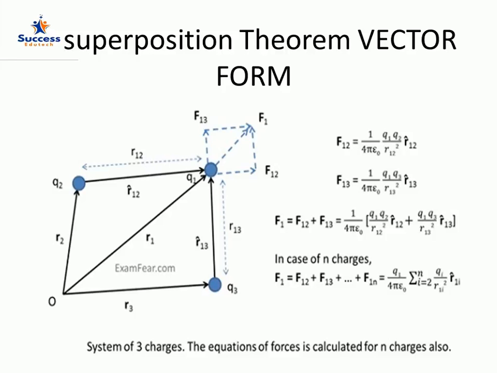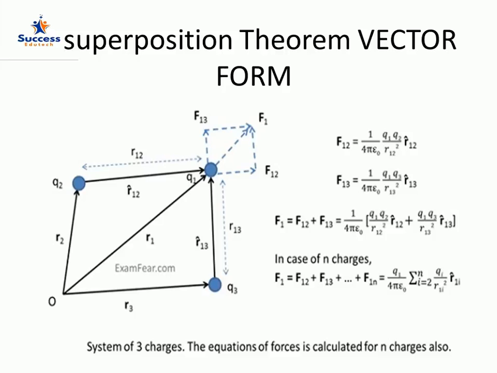Suppose there are three point charges q1, q2 and q3. Then the net force acting on q1 can be calculated as F12, the force from q2 on q1, which is 1 upon 4 pi epsilon 0 q1 q2 upon r12 square times the unit position vector r12.